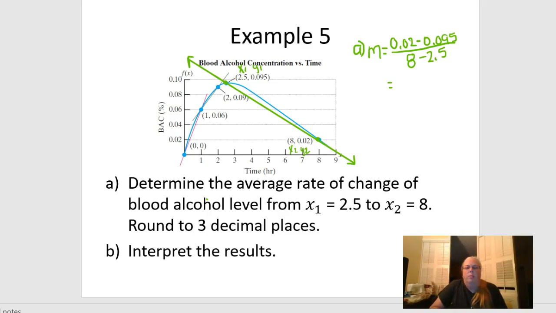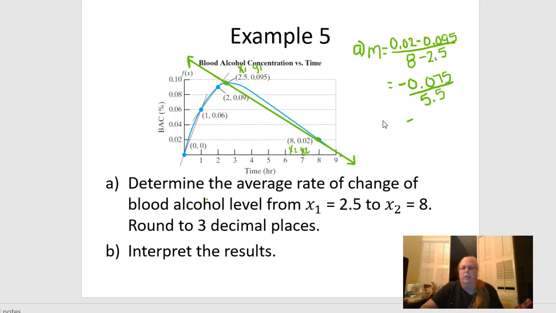All right, and we are supposed to round this to 3 decimal places, so let's simplify this a little bit. 0.02 minus 0.095 is going to be negative 0.075. And then in the denominator, 8 minus 2.5 is going to be 5.5.